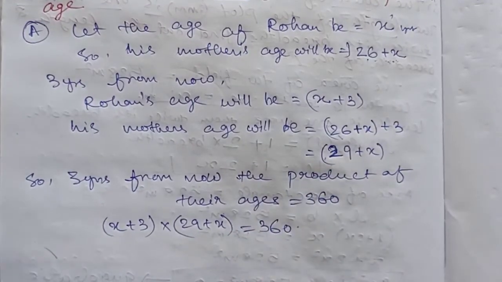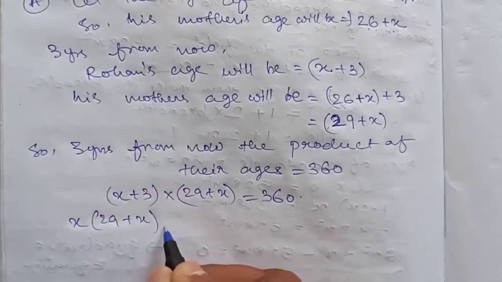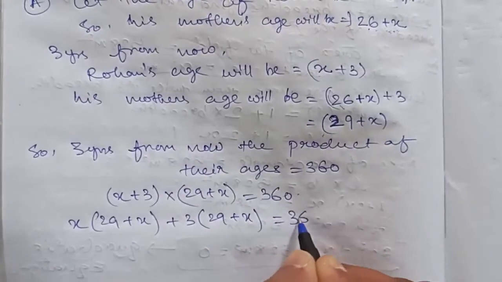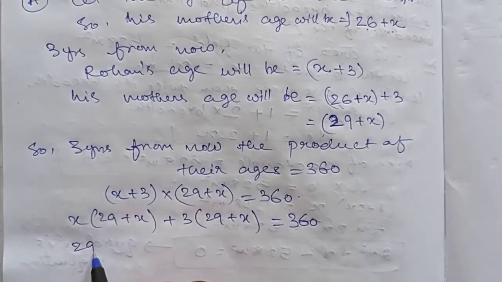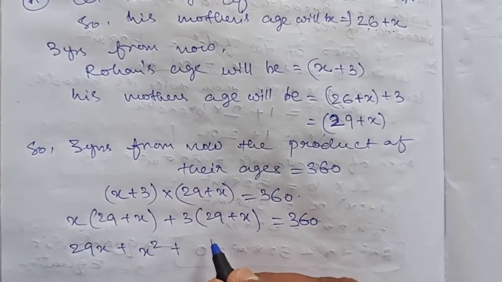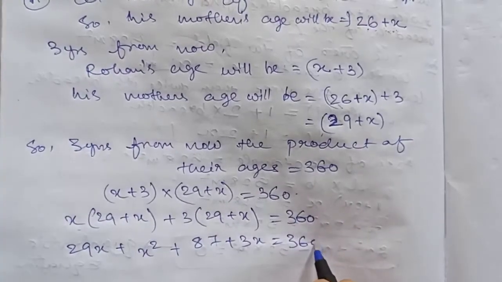Okay, now open the bracket and multiply. x plus 3 into 29 plus x equals 360. x into 29 is 29x, plus x into x is x square, plus 3 into 29 is 87, plus 3x equals 360.